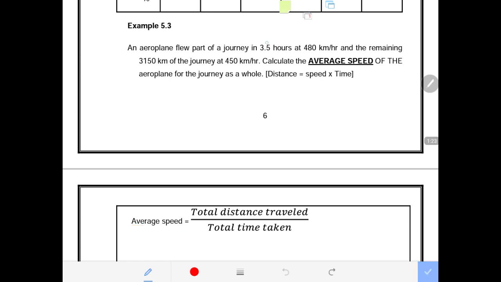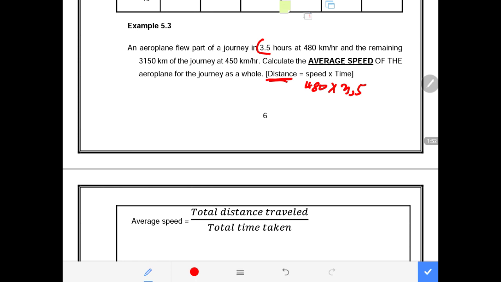We know we had 3.5 hours at 480 kilometers per hour. For the distance, we have the speed, which is already given as 480 in the first case, and our time is 3.5 hours.